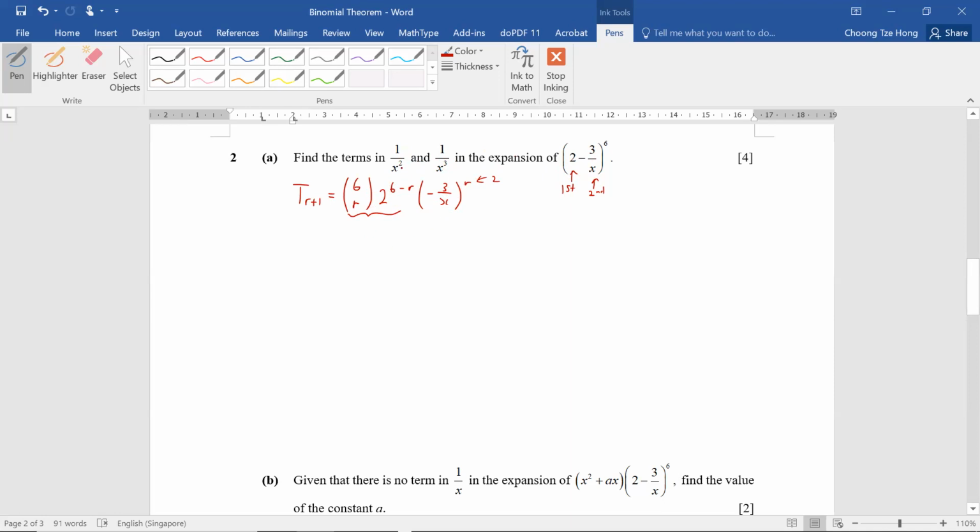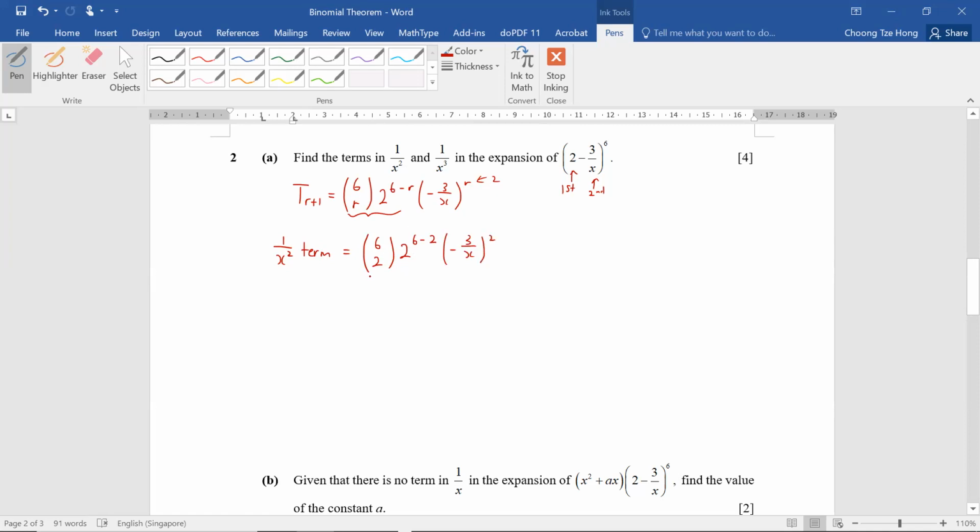So if I want the 1 over x squared term, I can straight away write it. Since r is 2, I will need 6 choose 2, then 2 to the power of 6 minus 2, then (negative 3 over x) squared.